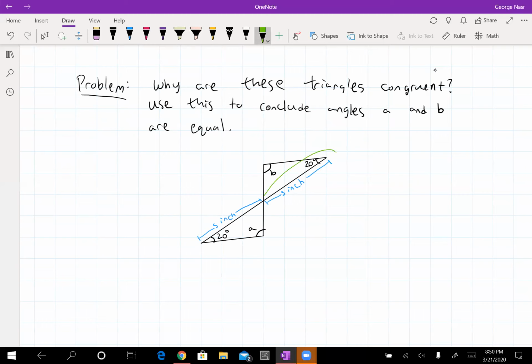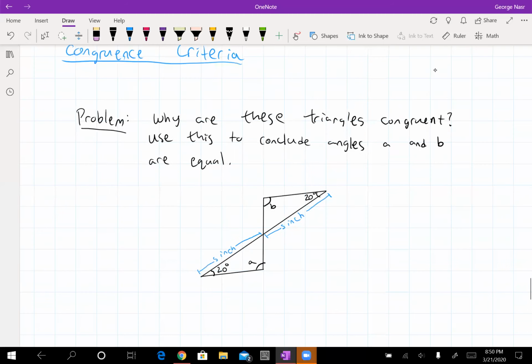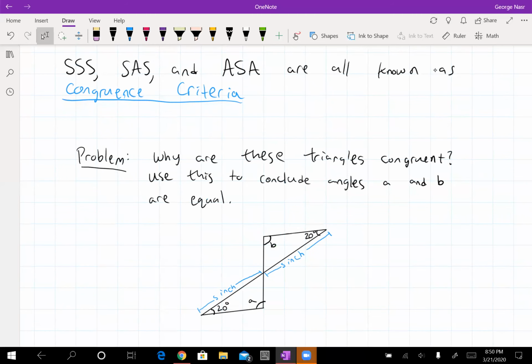You have to be able to show it. So I only know these 2 sides are the same. And I also know these 2 angles are the same. So let's think. My 3 congruence criteria are side, side, side, side, angle, side, and angle, side, angle. I can't use side, side, side because I only know one side. And again, I can't use side, angle, side because I, again, only know one side.